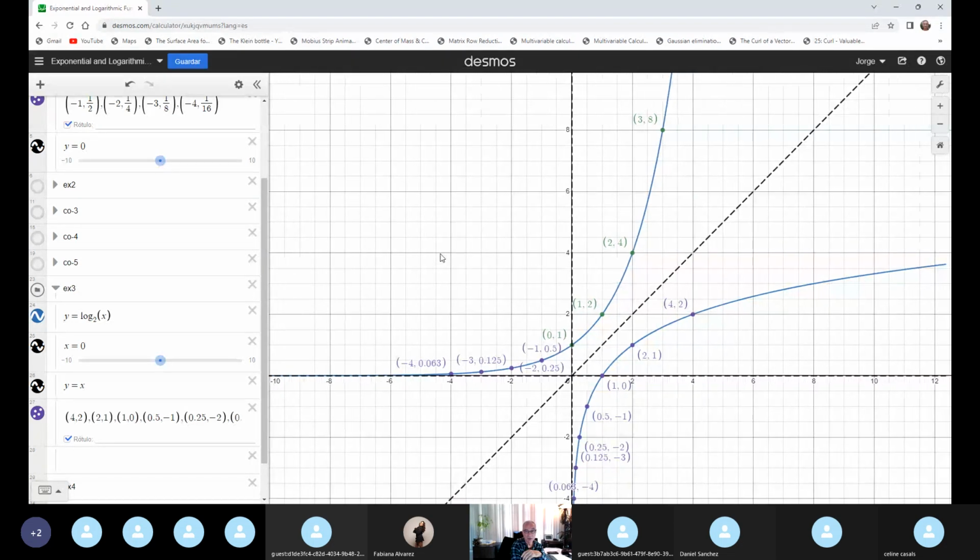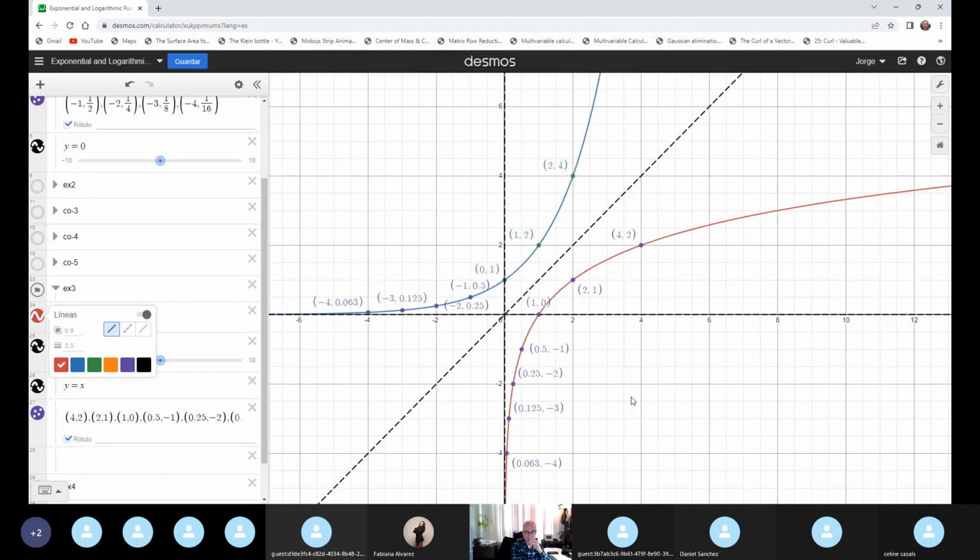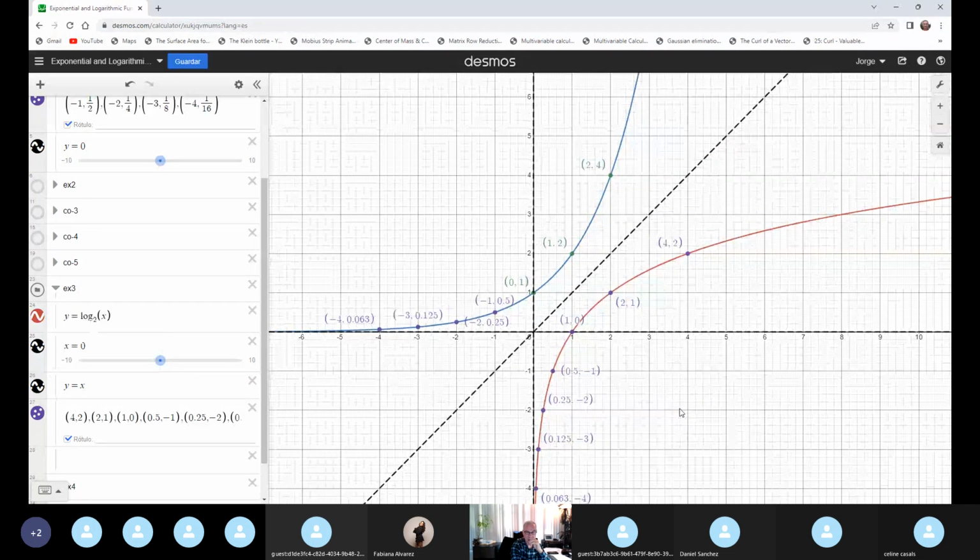Bam! This is super clear because you remember very well the inverse function. Let me change the color. I'll put the logarithm in red. Red is the logarithm, blue is the exponential. I show you now the relationship between the exponential and the logarithm with the same base, 2 in this case. The only thing you should do is interchange x and y. Suppose that point (1,2) would now be (2,1).